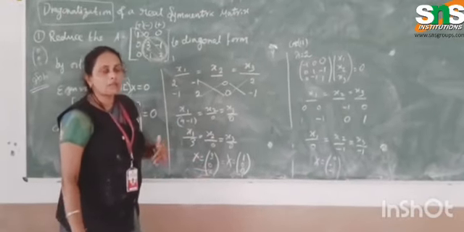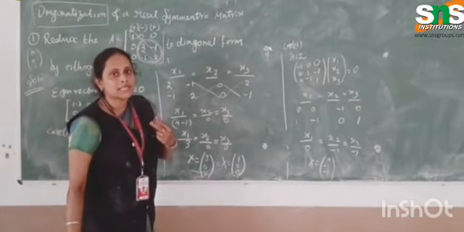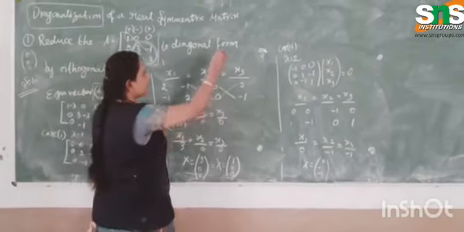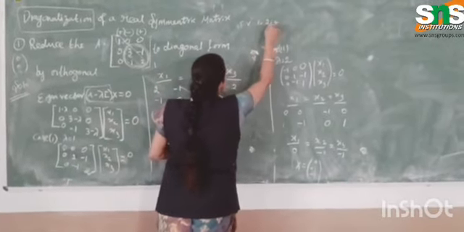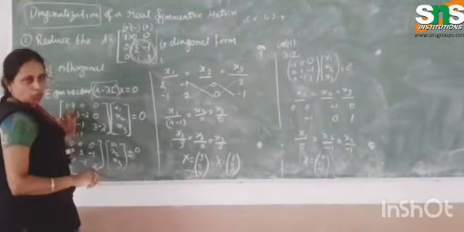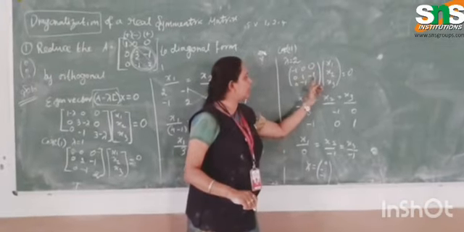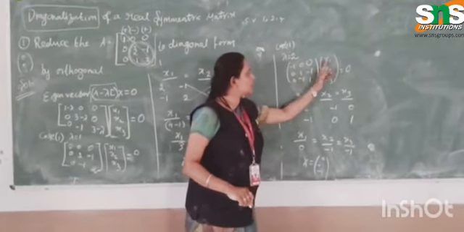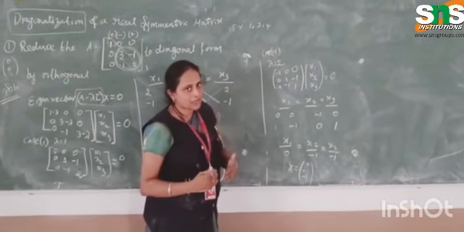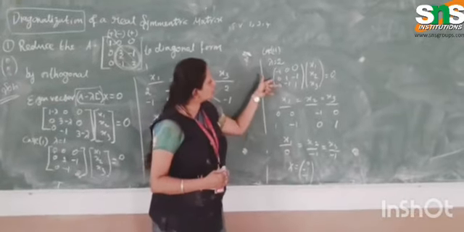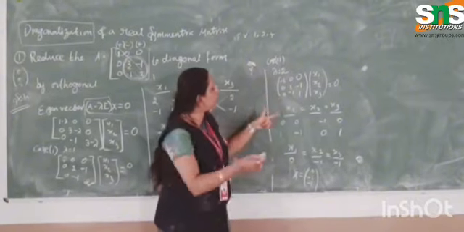Similarly, we solve the second eigenvector using the second eigenvalue, which is 2. Here we subtract 2 from the diagonal. Are all the equations the same or different? The second and third equations are the same.